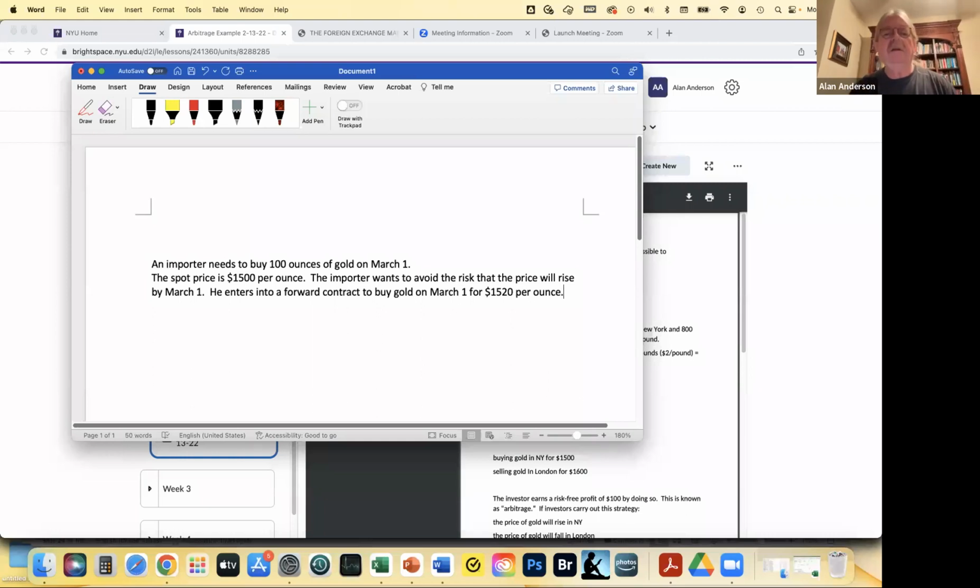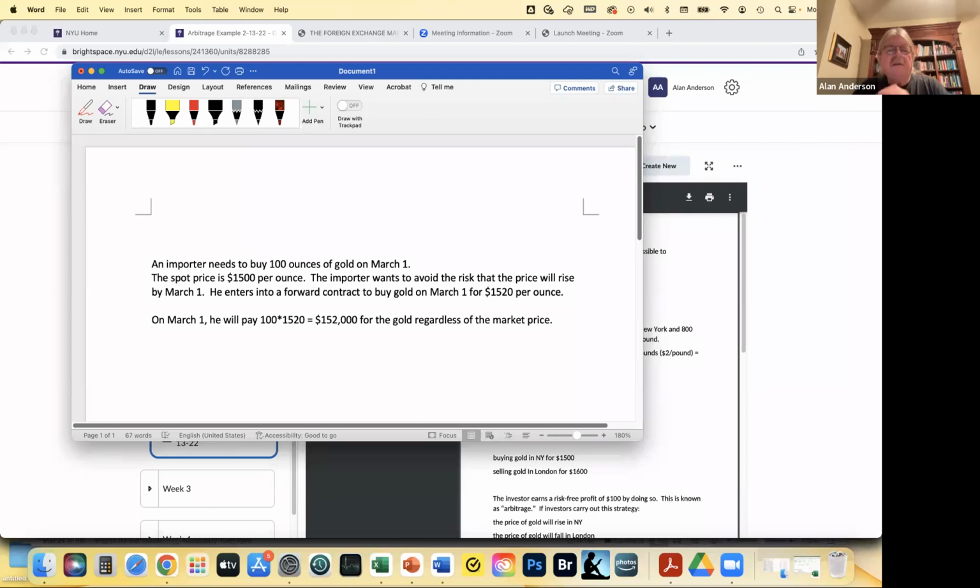So what this means is that on March 1st, he will pay 100 times 1520 equals, sorry, $152,000 for the gold, regardless of the market price.